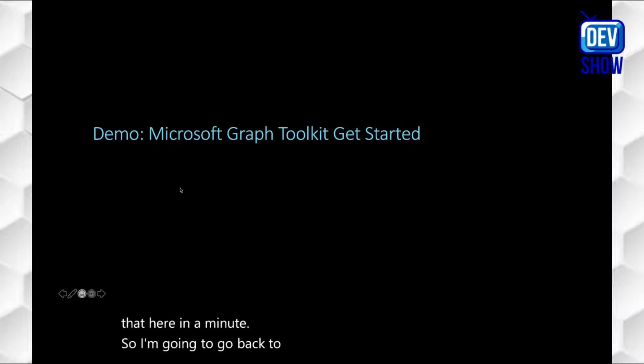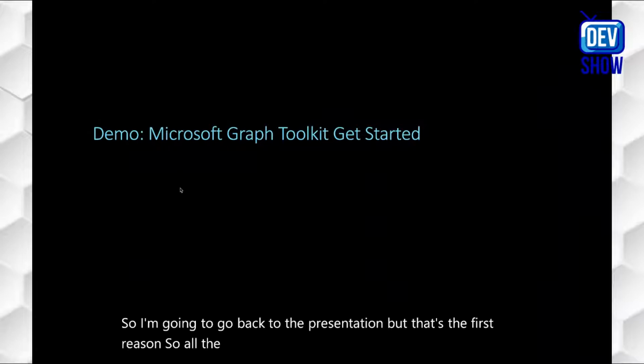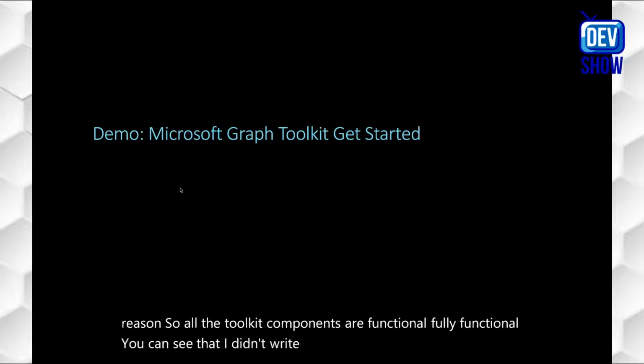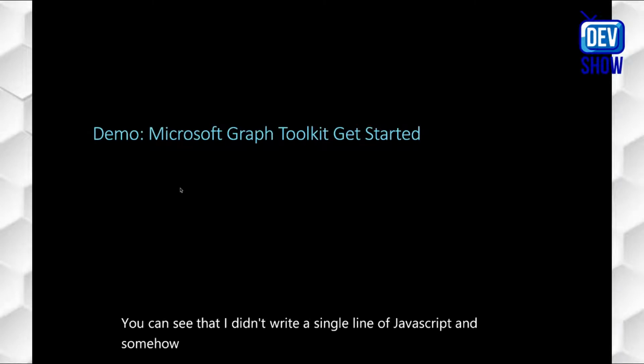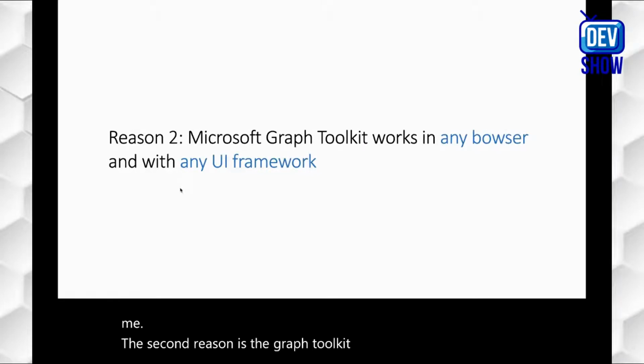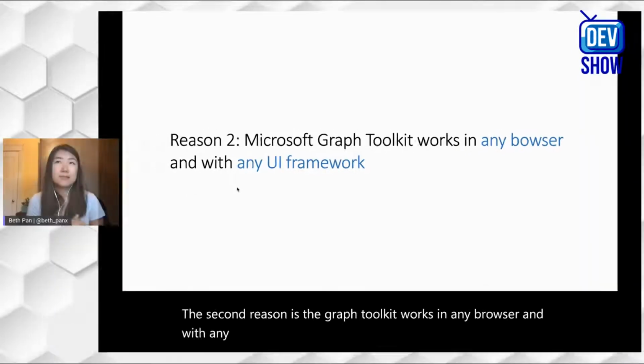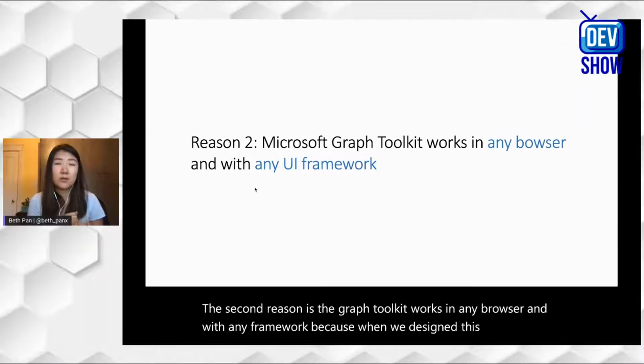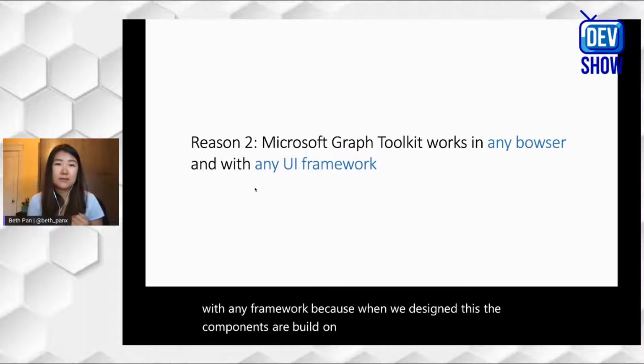That's the first reason. So all the toolkit components are fully functional. You can see that I didn't write a single line of JavaScript, and somehow it's connected to the graph behind the scenes for me. The second reason is the Graph Toolkit works in any browser and with any framework. Because when we designed this, the components are built on web standards and utilizing web component technology.